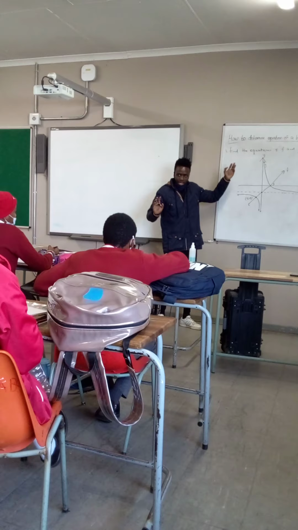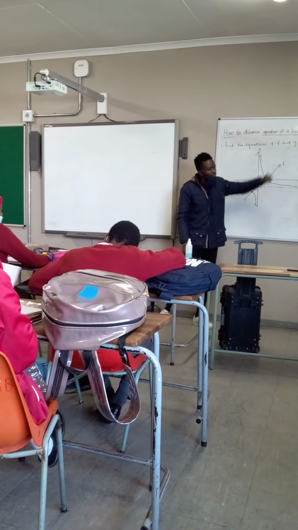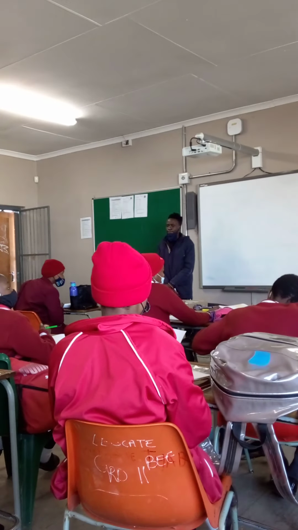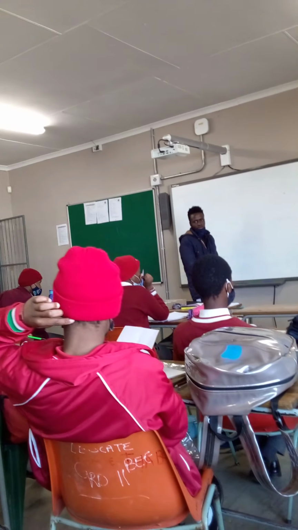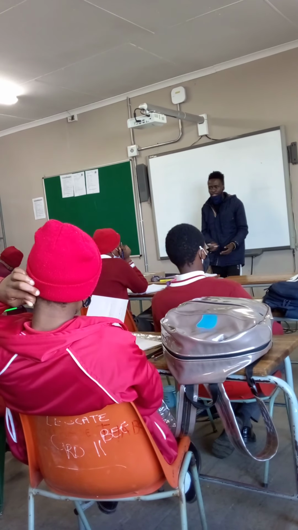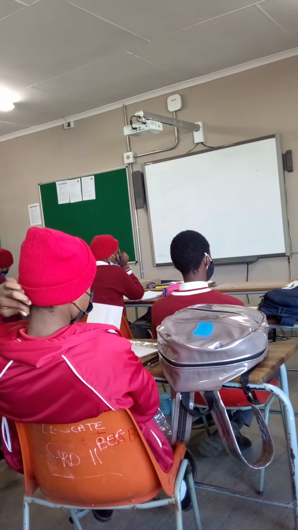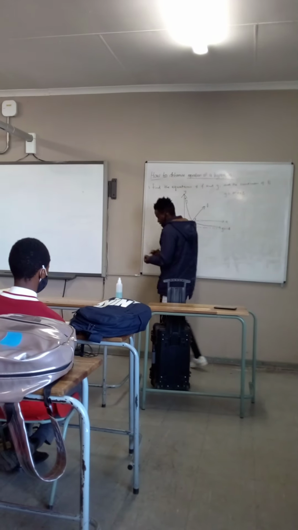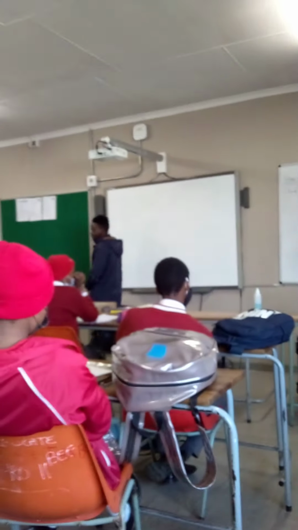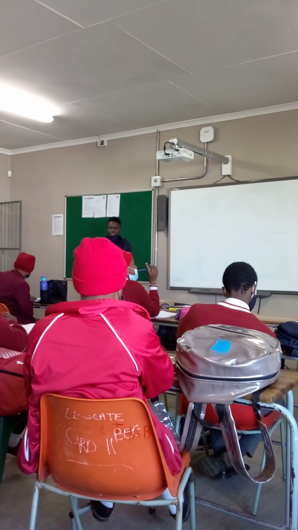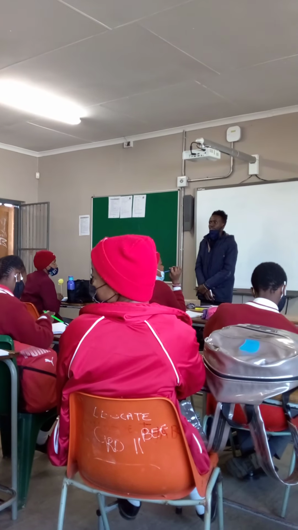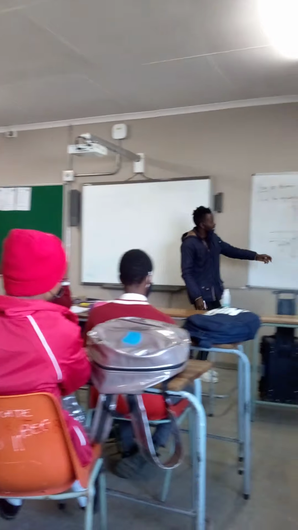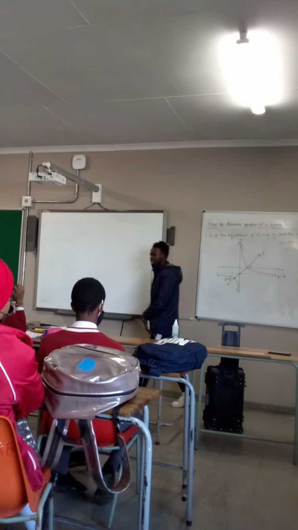So for me to find the equation of F, what should I do? Remember F is the straight line, and the straight line is in the form of what? First, I should calculate my m, which is my gradient.